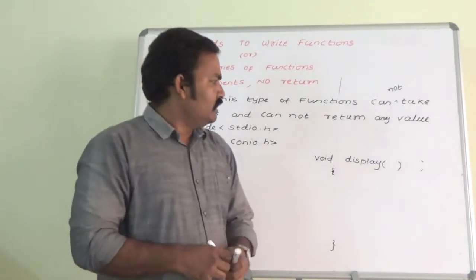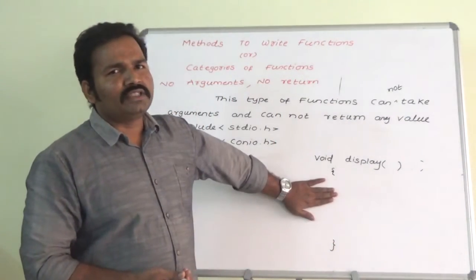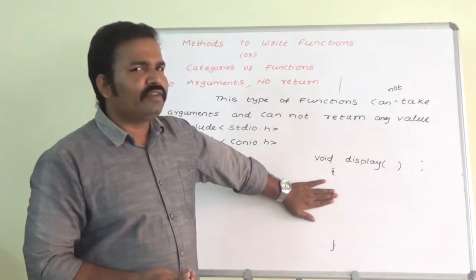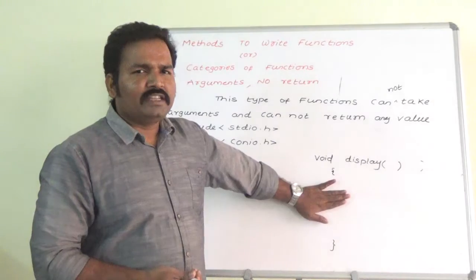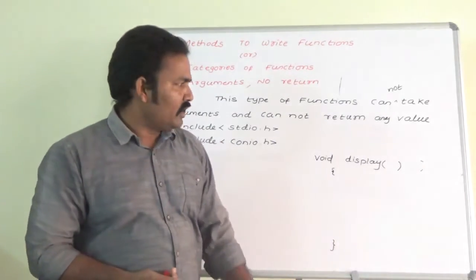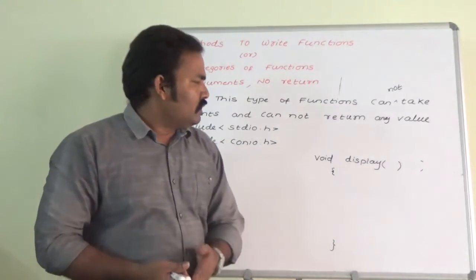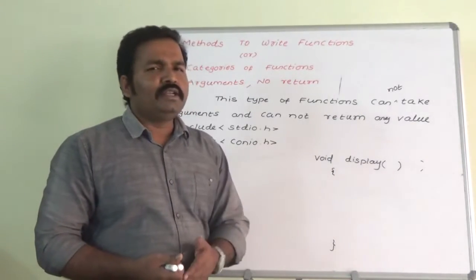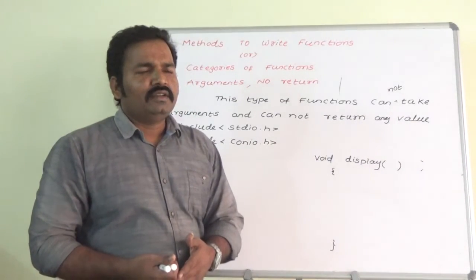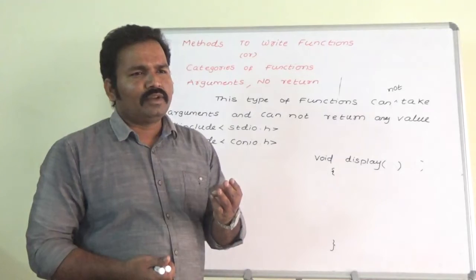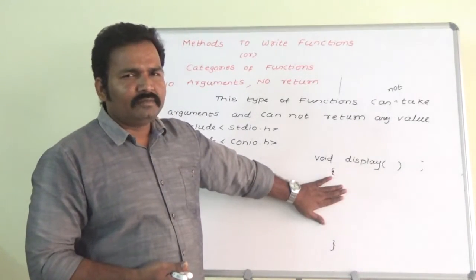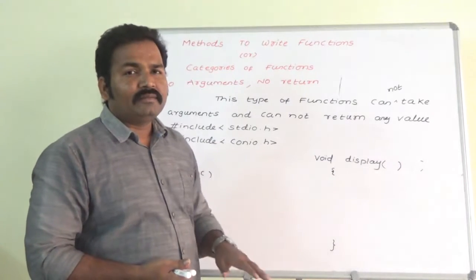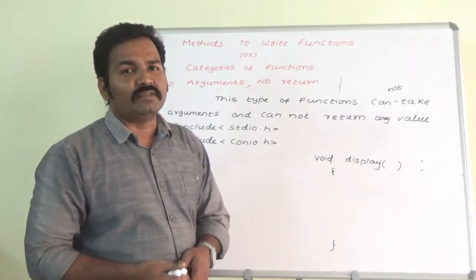So listen, this is a user defined function. User defined function means these functions are defined by the user, and whenever you want to create a user defined function, we have to use three elements. What are the three elements of a user defined function? Function definition, function calling, function declaration.